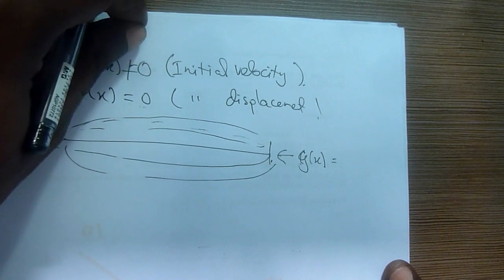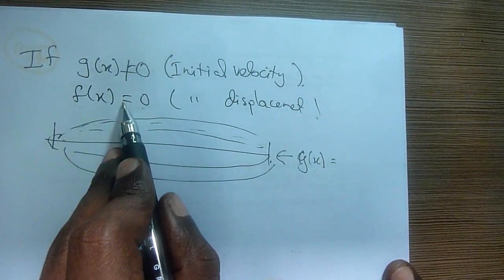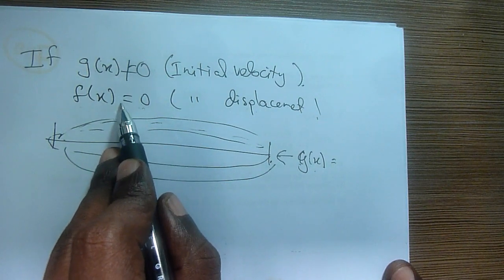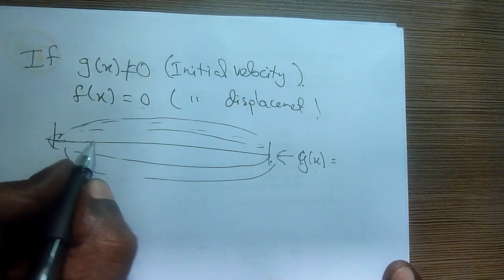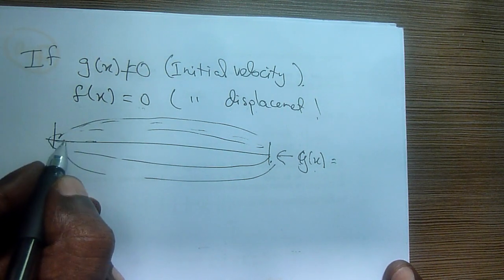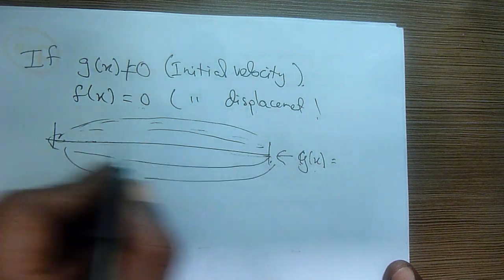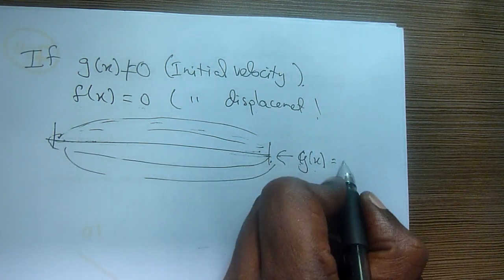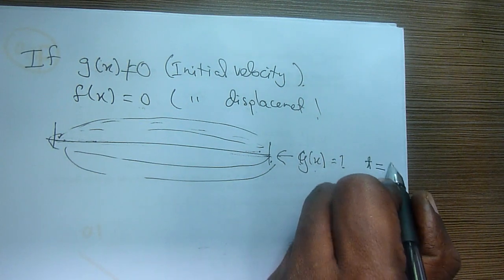That means we are not pulling up like that, we are just concentrating on the velocity. And we are taking from this string, our vibration string, our timing starts from here.